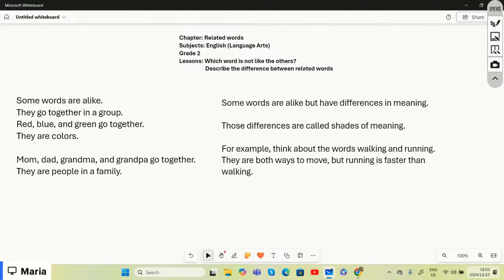And the lessons that we are going to be focusing on under the chapter of related words are: which word is not like the others, and then we're going to describe the difference between related words.